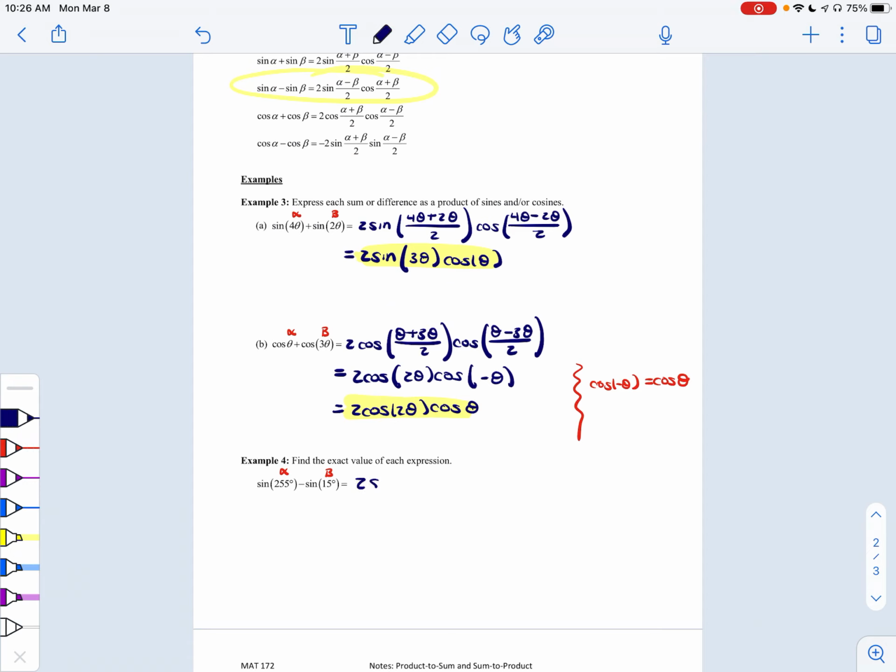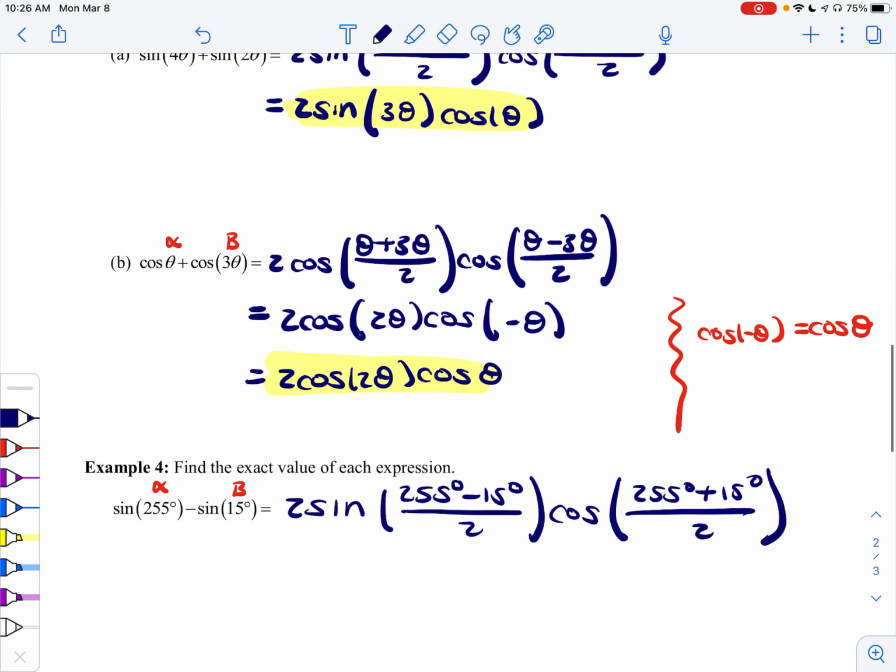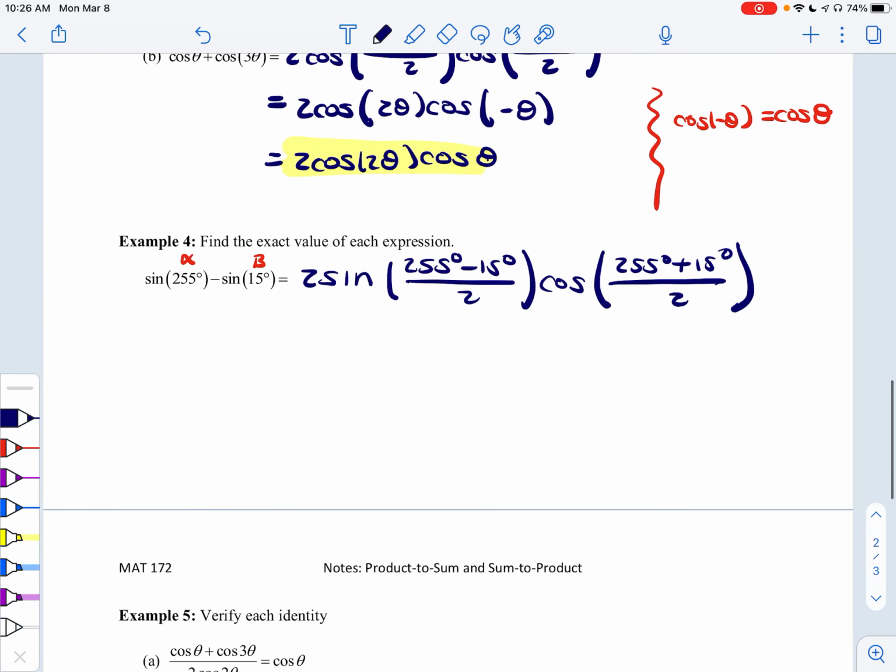So this is going to be 2 sine of (255 minus 15) all over 2 times the cosine of (255 plus 15) all over 2. Okay, so then simplify here. We would have 2 sine of 120 degrees times the cosine of 135 degrees.